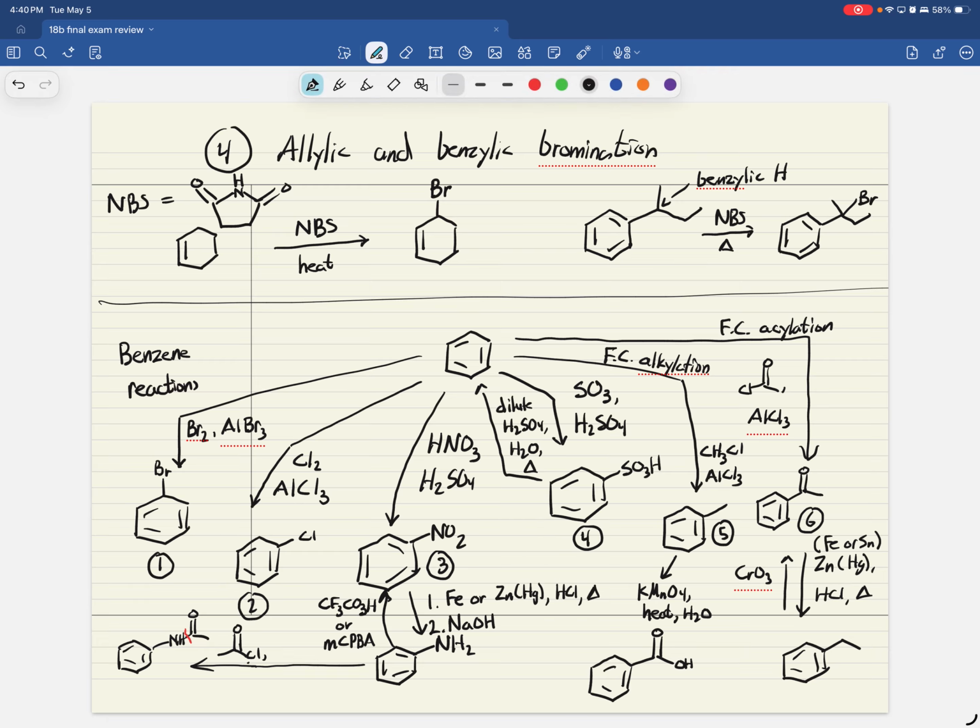So pyridine is usually a base just to mop up the excess acid that's produced. Now, how would I go forward? Now, this forward direction, I'm going to replace the amide bond. Instead of the amide bond, I'm going to free up the amine. The most common thing to do is to hydrolyze it.